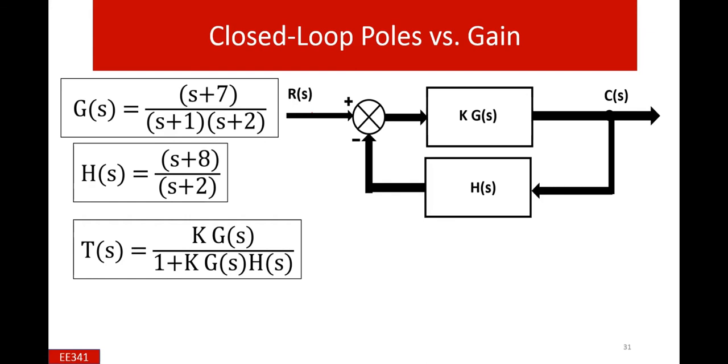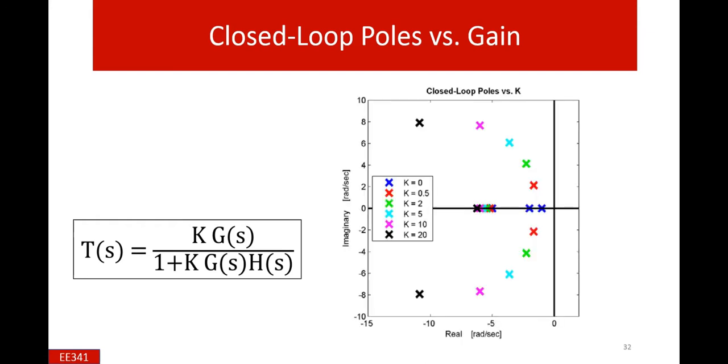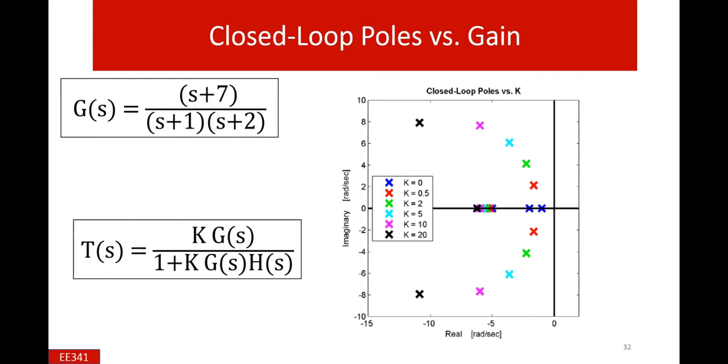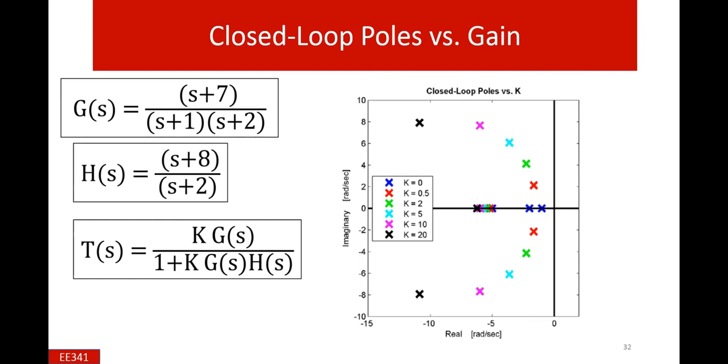So if we find the closed loop transfer function, then the part of the open loop transfer function which is dependent on the k, how these poles vary, let's see through the simulation. If we simulate the closed loop transfer function with different values of k, these values are changing from k equals 0 to k equals 20.